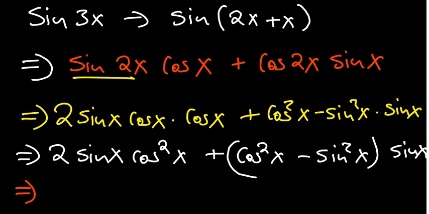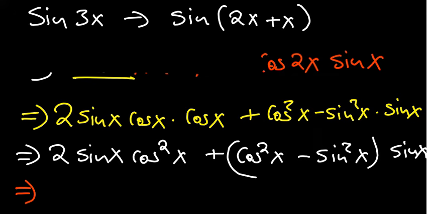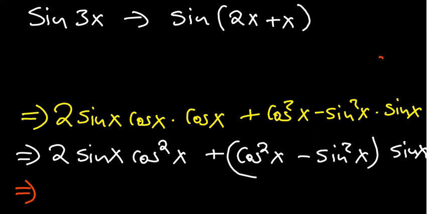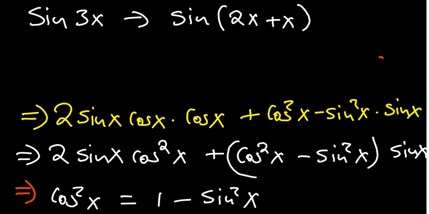We just want to see sine of x. So where there is cos squared of x, I can now begin substituting. We understand that from that very basic identity, cos squared of x is the same as 1 minus sine squared of x. So I'll substitute.